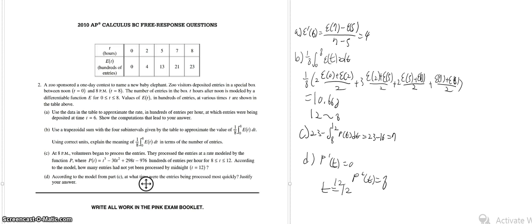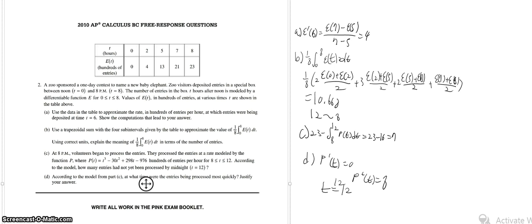For A, we have to find E'(6). One easy way to find E'(6) is, since 6 is between 7 and 5, to take the average rate over those two.